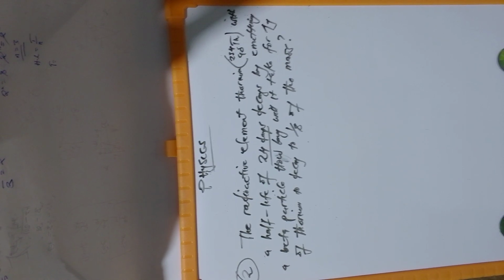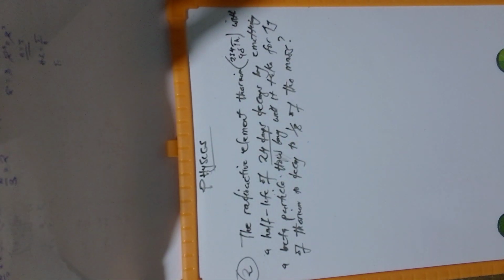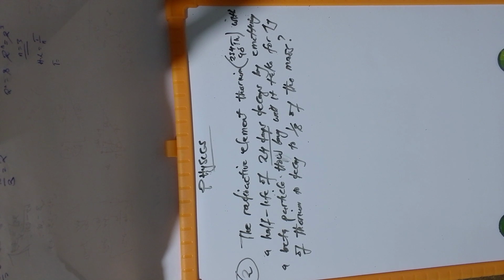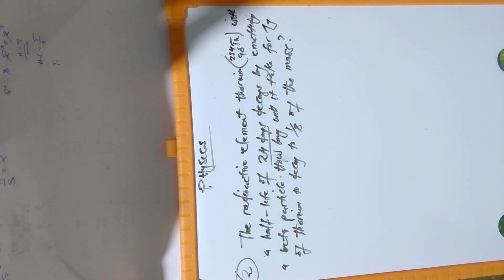Then this one decays by emitting a beta particle. How long, meaning time, how long will it take for 1 gram of thorium to decay to 1/8 of the mass?